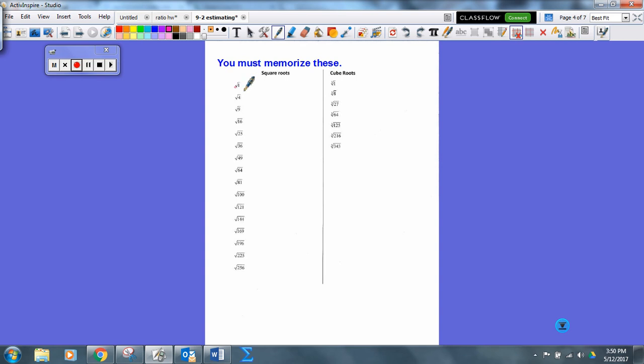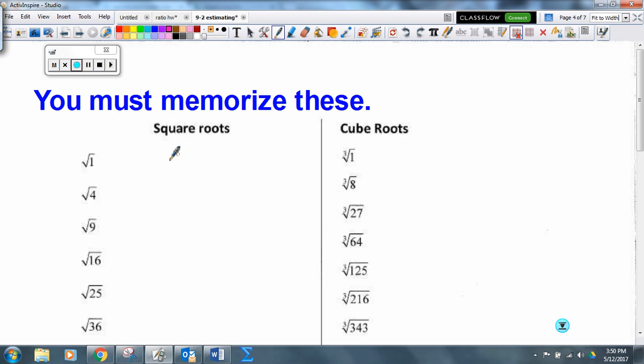First thing you must do is you must memorize this sheet. This is a handout that you will be given today. I'm going to enlarge this so that I can help you fill it out. So square root of 1 is 1 because 1 times 1 is 1.